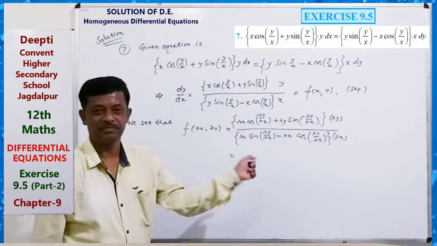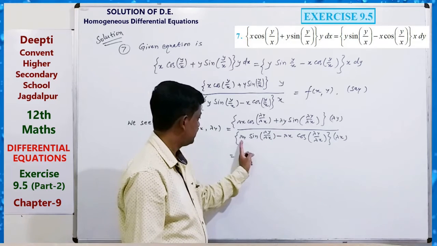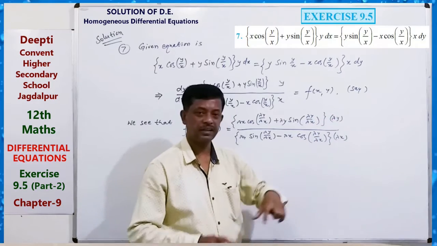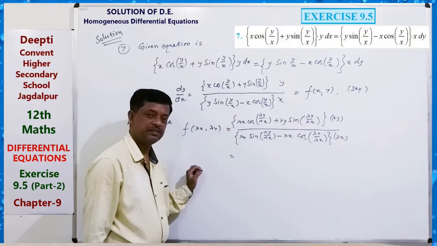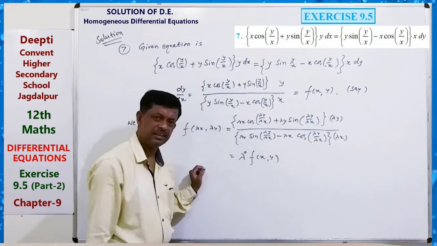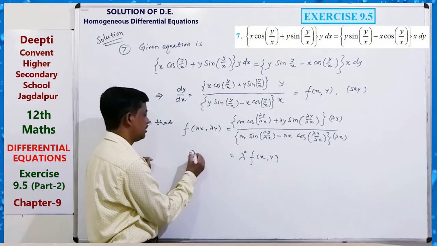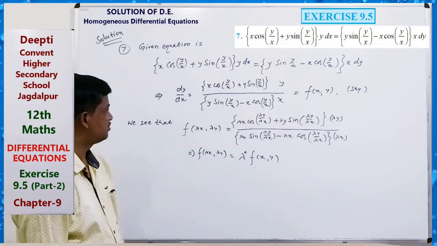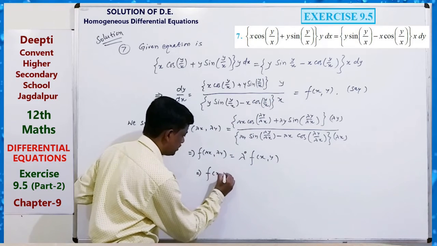We can see that lambda is common, so lambda upon lambda cancels. That means lambda to the power 0 f(x,y). Very clear, because the function remains the same as this.